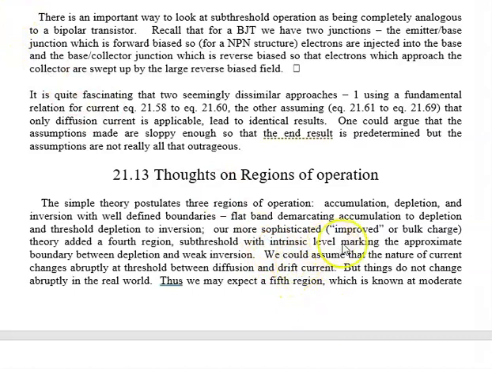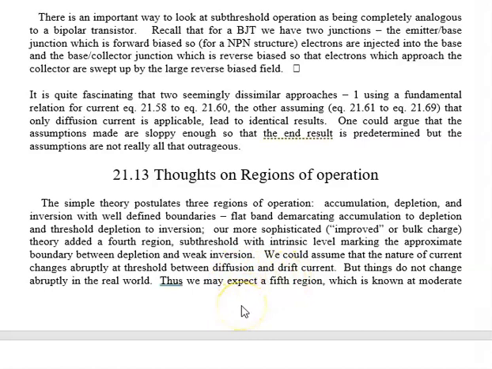So that's why in the improved, or what some people refer to as the bulk charge theory, we added another region. Between depletion and inversion, we added weak inversion. In weak inversion, we have diffusion current, and in strong inversion, we have drift current. But that's also not terribly realistic, because it says that the current somehow magically changes from diffusion current to drift current as we go from weak inversion to strong inversion.